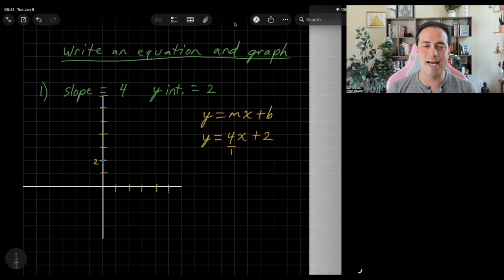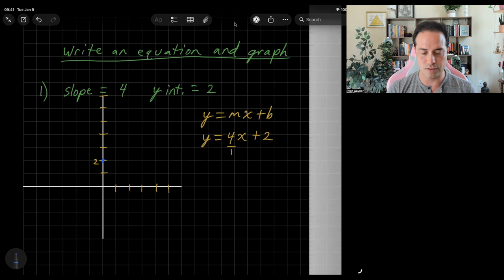Okay, now from the y-intercept, I use my slope. So the slope is 4 over 1. The number on top is the vertical movement, the number on the bottom is the horizontal movement. Because both numbers are positive, that means for the vertical movement, I'm going to move up 4 places.